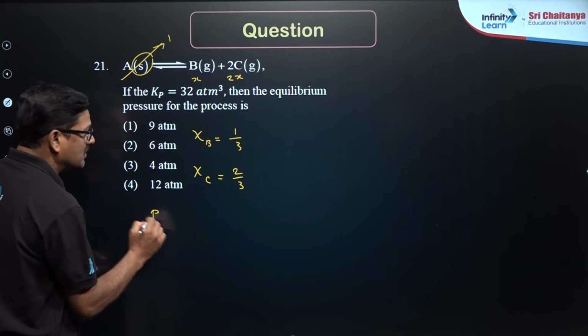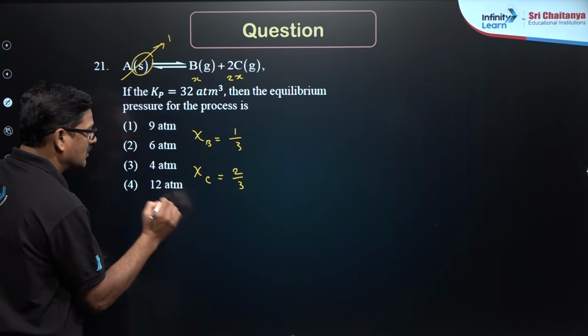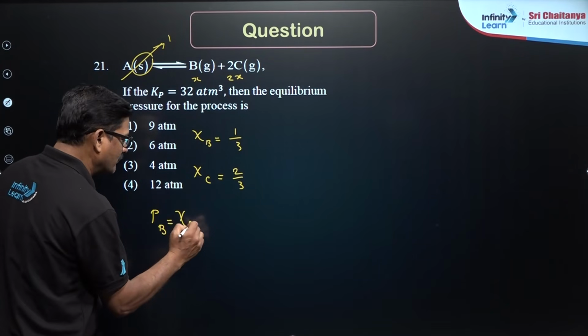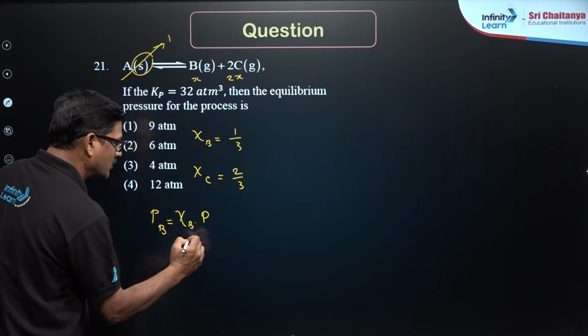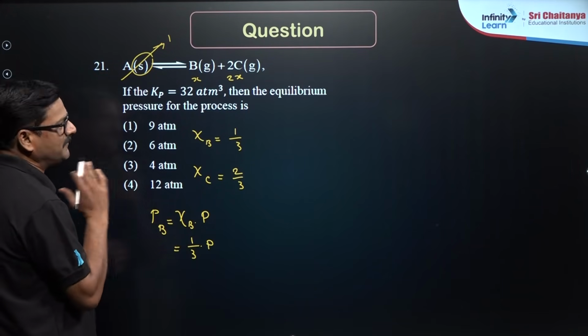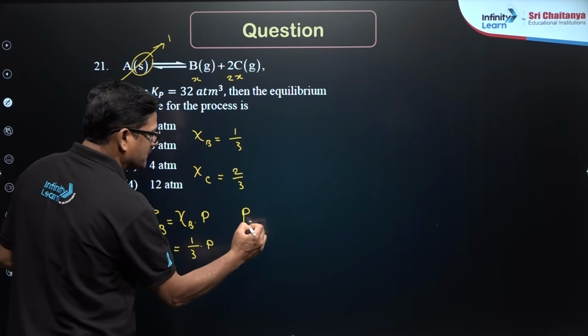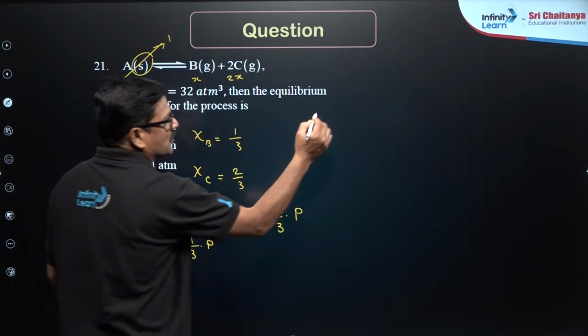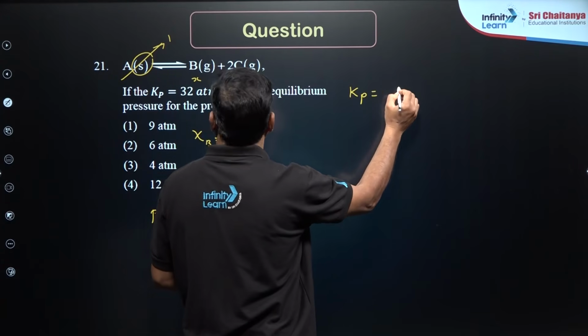So, the partial pressure of B is going to be the mole fraction of B into total pressure. It is going to be 1 by 3 into P. Total pressure is P and the partial pressure of C is 2 by 3 times the total pressure P.